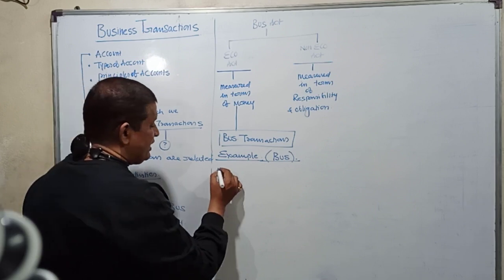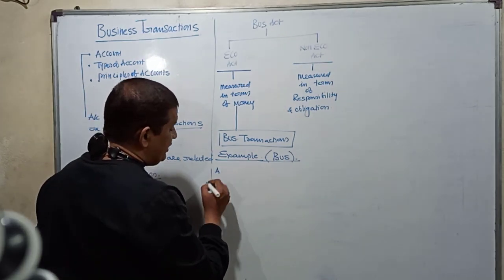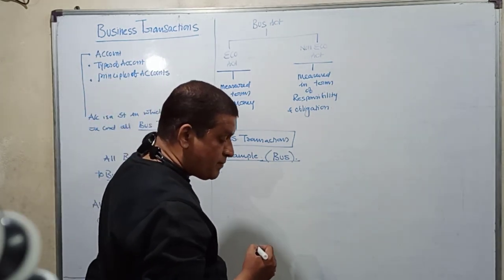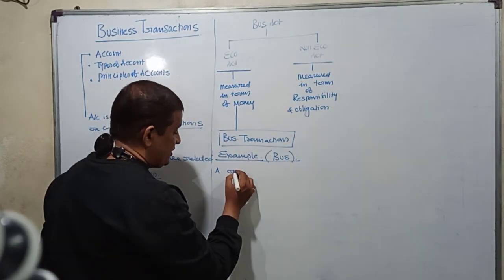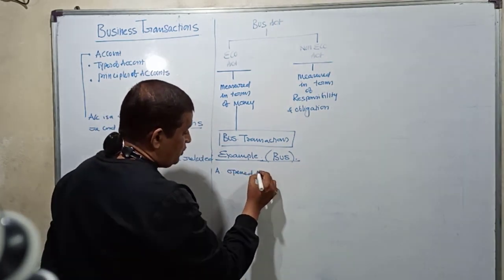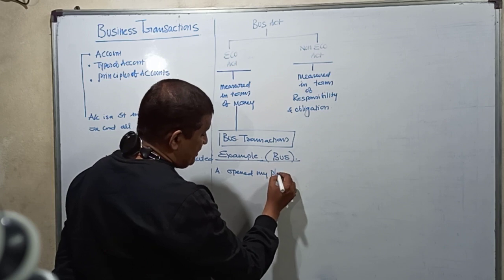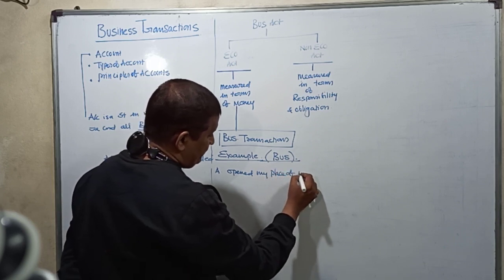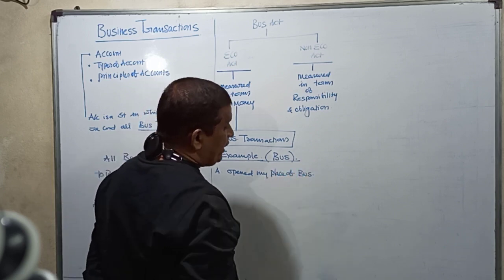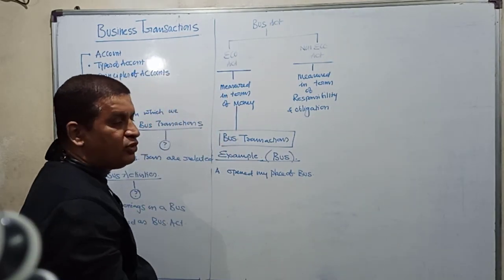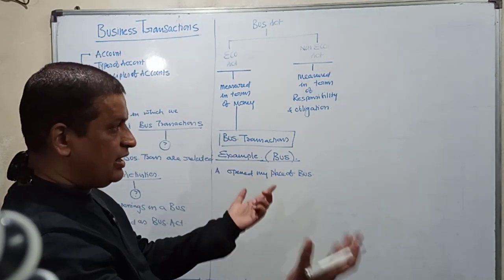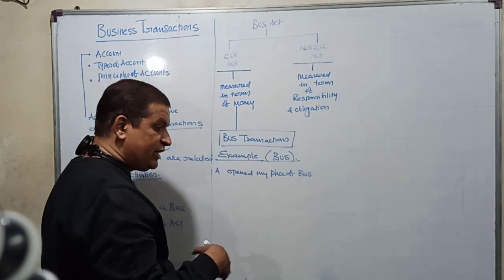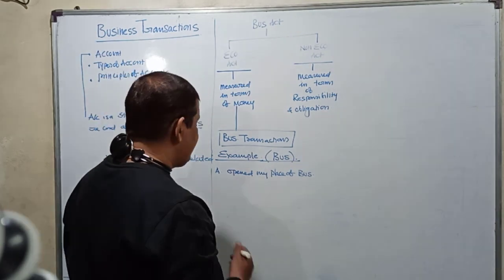The first activity is, I open my place of business. So I come in the morning and my employees come to the place of business, then I open it. So it is an activity, you're doing something there.